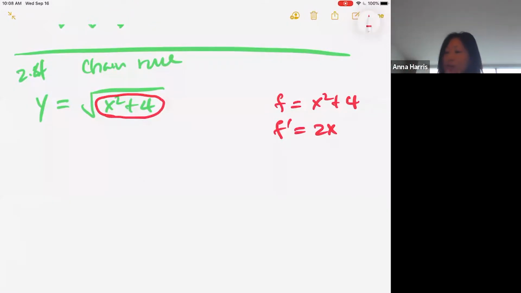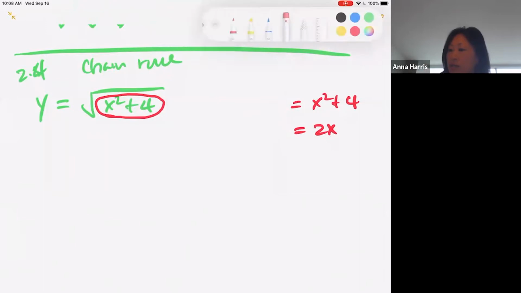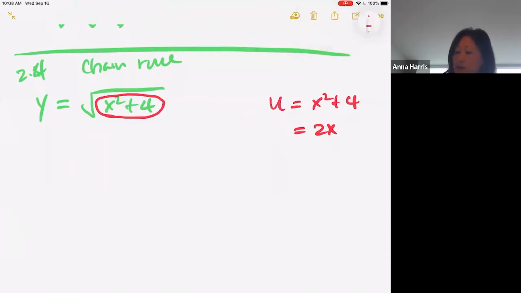So what I'm gonna do, you can think of it as, I'm gonna call this a u. So let's just call it u. I'm gonna rewrite it as u like that.